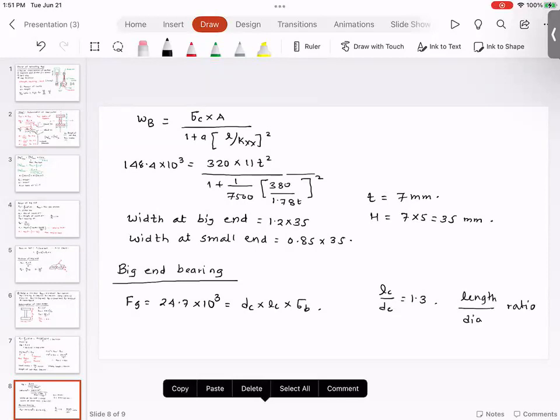So this will become 2 times dp square by 15. Diameter of the pin is 29 millimeter. We use the bearing stress sigma B as 15 Newton per millimeter square, assumed.